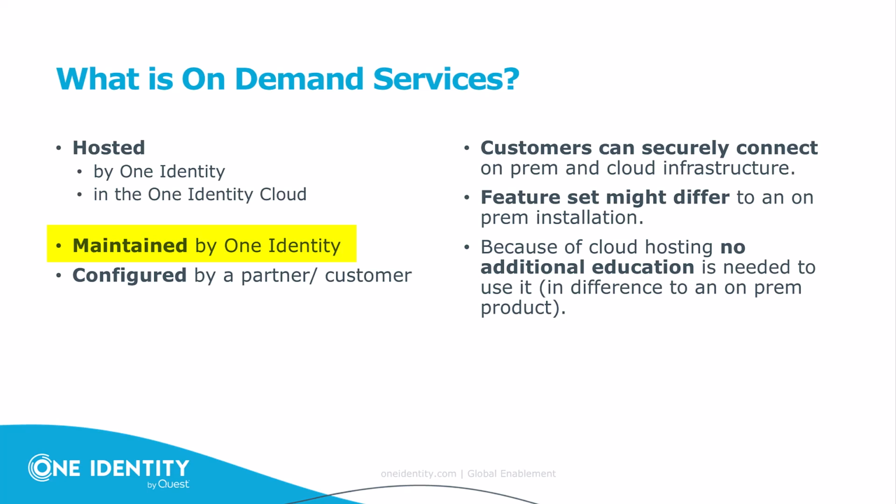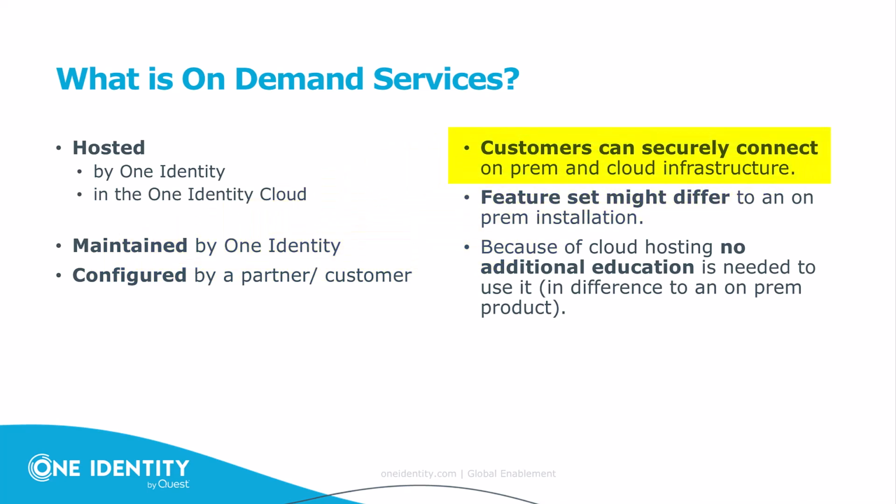That includes installation, provisioning, update, or managing the device. Of course, the configuration is the task of the customer. In case you need it, regular support is available, so we can help you.